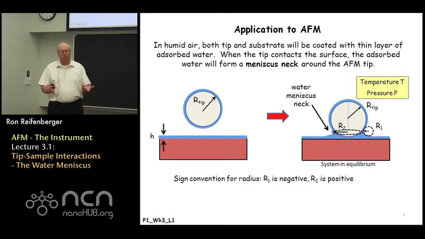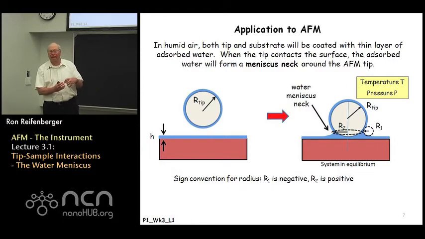This is just a result of the kinetics of molecules striking the surface, and the details of that calculation, how to estimate how quickly that water layer forms, that's also covered in one of the appendices of this lecture. So both the tip, which is represented as a sphere in this diagram, and the substrate, which is represented as a flat plane, both those objects are coated with this thin layer of water, thickness we'll just call small h.